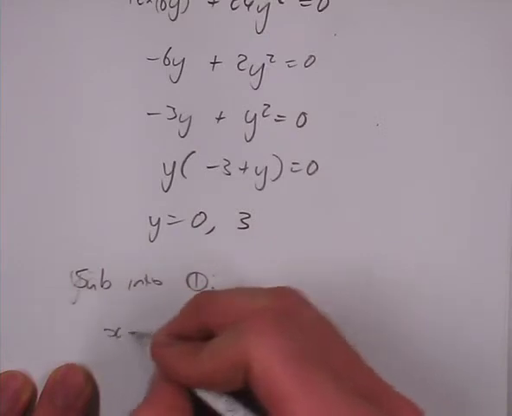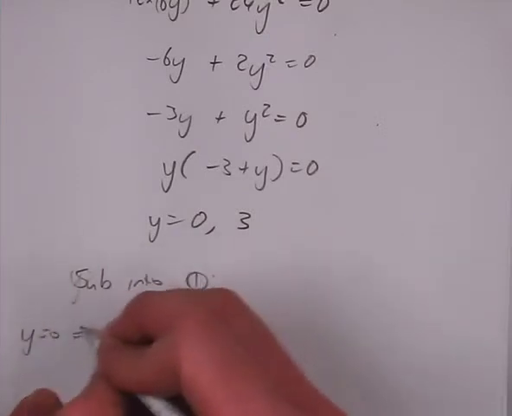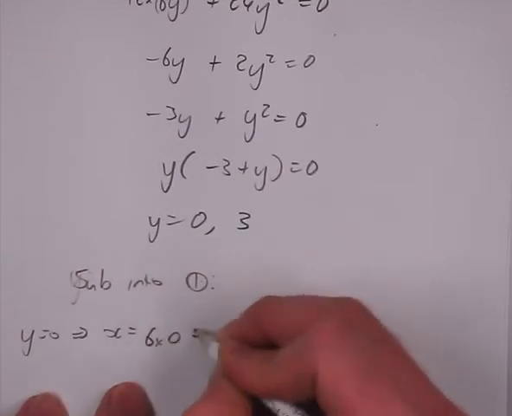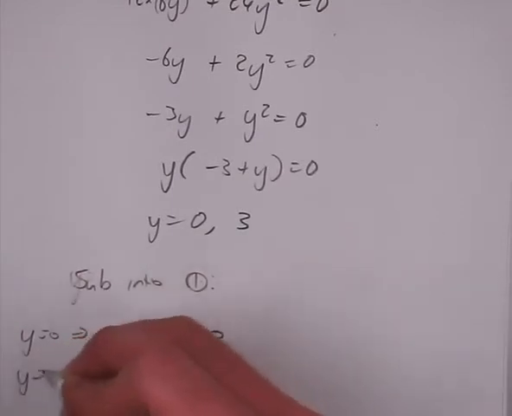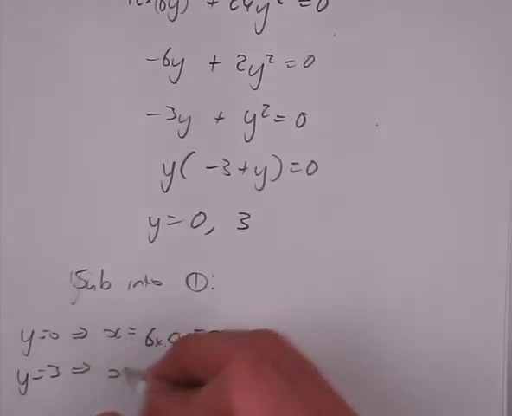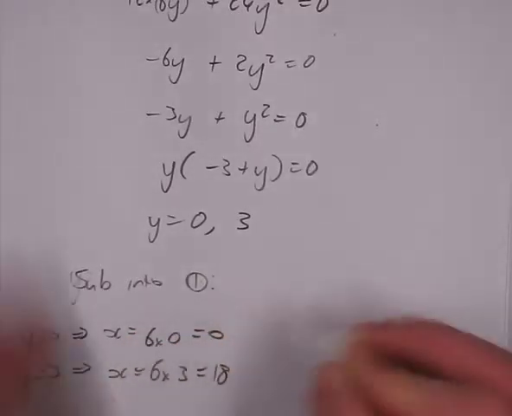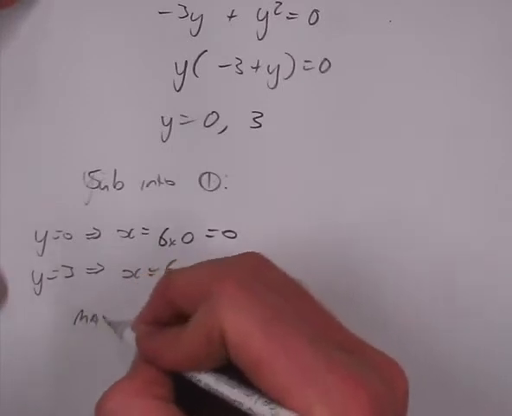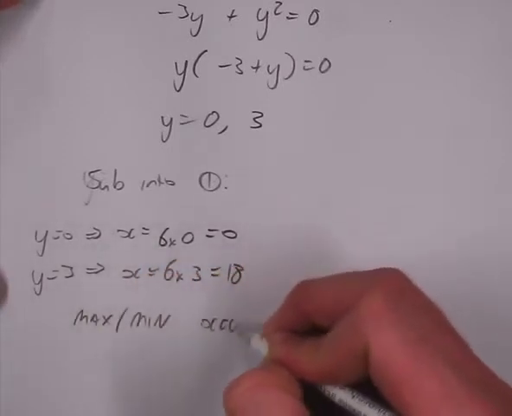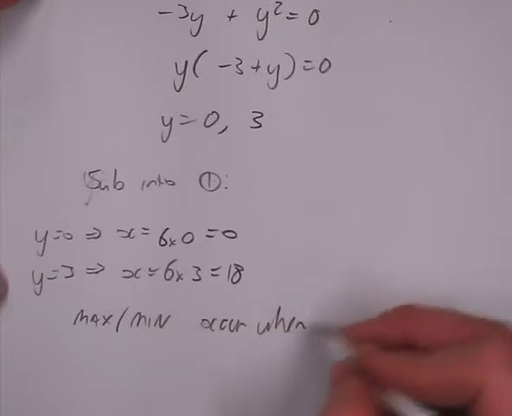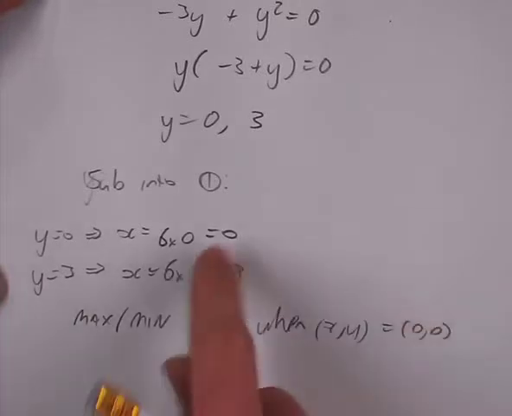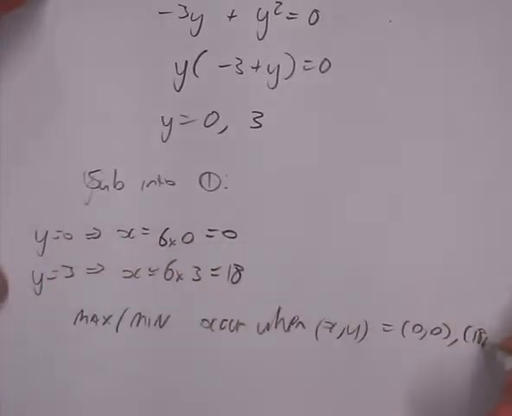If y is 0, x is 6 times 0, which is 0. And if y is 3, x is 6 times 3, which is 18. So the maxima and minima occur when (x, y) is either (0, 0) or (18, 3). So I have two places where it's either a maximum or a minimum or neither.